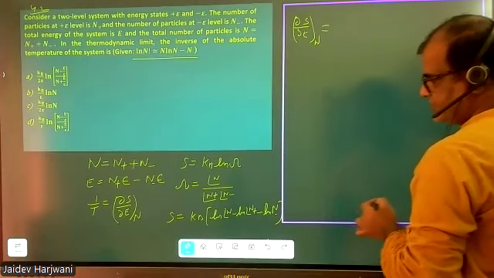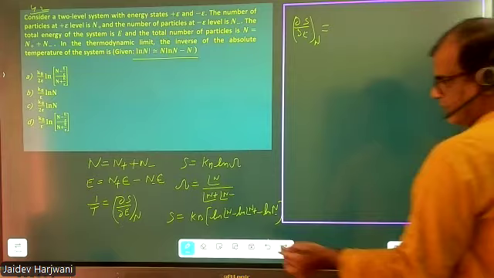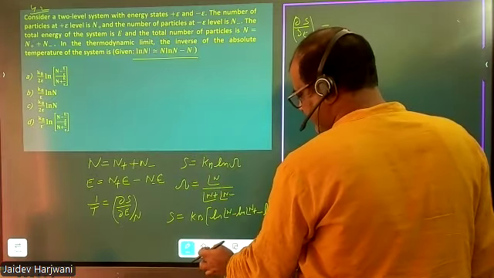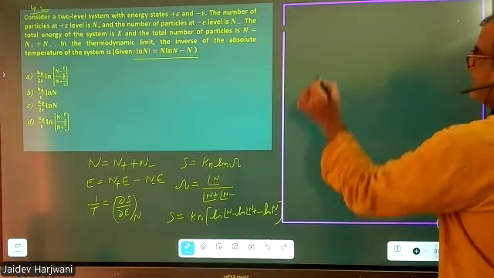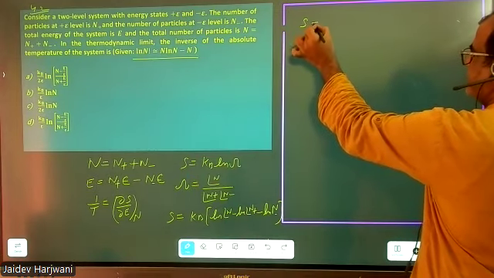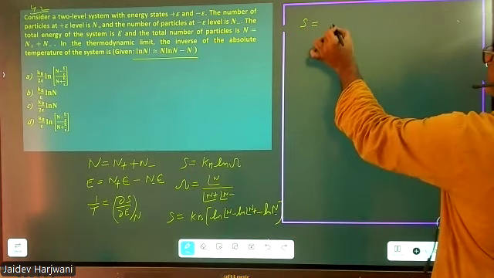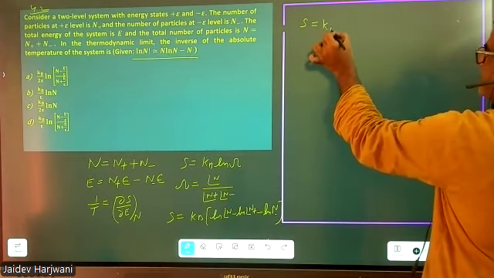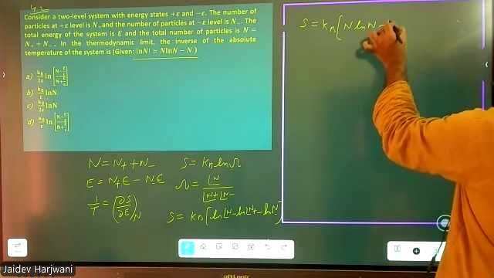If I differentiate this one, this n is fixed. So before that, you can open this with the Stirling approximation because this n is very high. So I can open this with Stirling approximation to simplify. So I can write my s will be n kb ln n minus n.